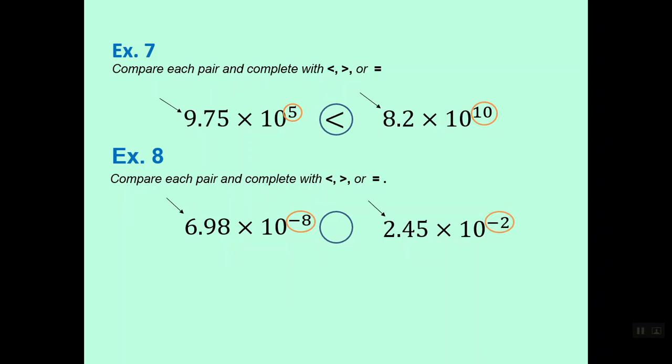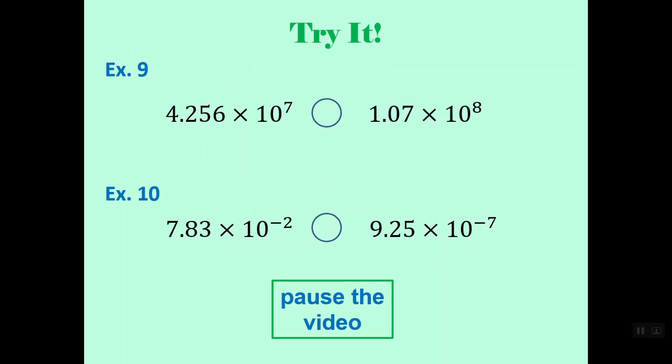And because the exponent is only going to move to the left 2 spaces with 10 to the negative 2nd power, we can say that 6.98 times 10 to the negative 8th power is less than 2.45 times 10 to the negative 2nd power. All right, it's time for you to give it a try. Please work examples 9 and 10 on your note sheet. Pause the video and restart it when you're ready to check your work.